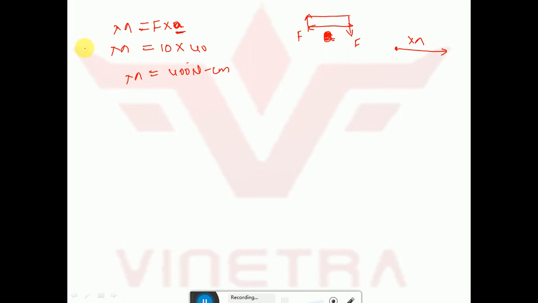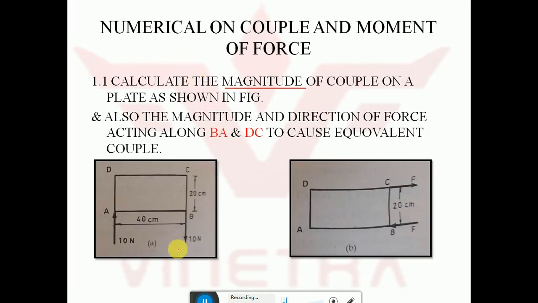This is part A of my problem. Now let us go for part B. So what he is asking, if there is a development of 400 Newton centimeter of a couple due to application of this force, he is also asking for the magnitude and direction of the force. You want to know what is the magnitude and direction of the force acting along BA and DC, that is along this AB and DC.